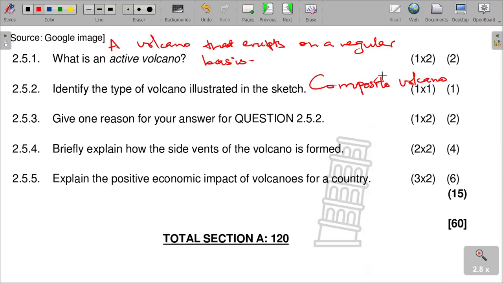And then give a reason for your answer: because it has alternating layers of lava and ash.